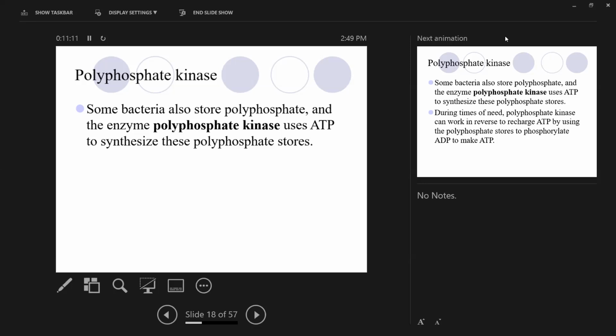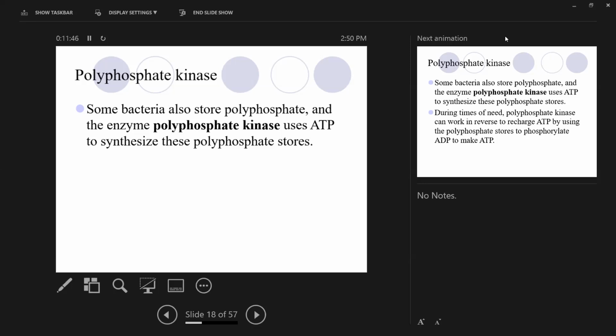And if things start to get a little rougher, energetically speaking, they can take phosphate from the polyphosphate body and clip a phosphate off and put it onto ADP to make ATP. So this enzyme, polyphosphate kinase, can actually work both ways too. So it can be used to store a big, massive polymer of phosphate, and it can also be used to stick that phosphate onto ADP to make ATP. Pretty ingenious.